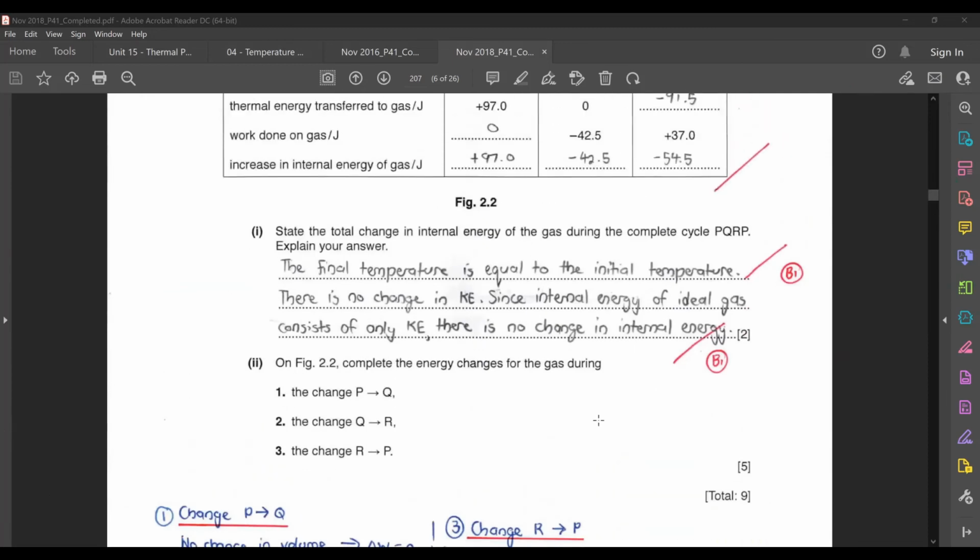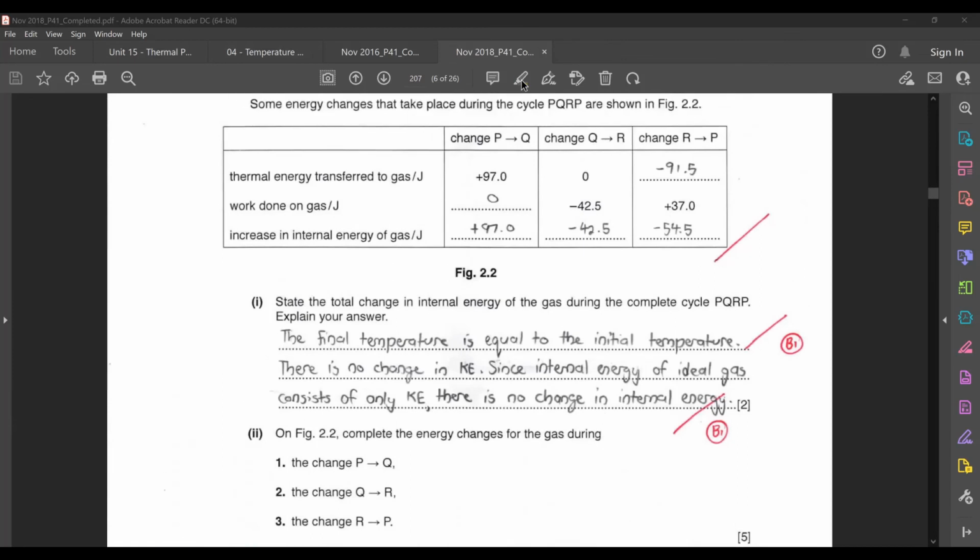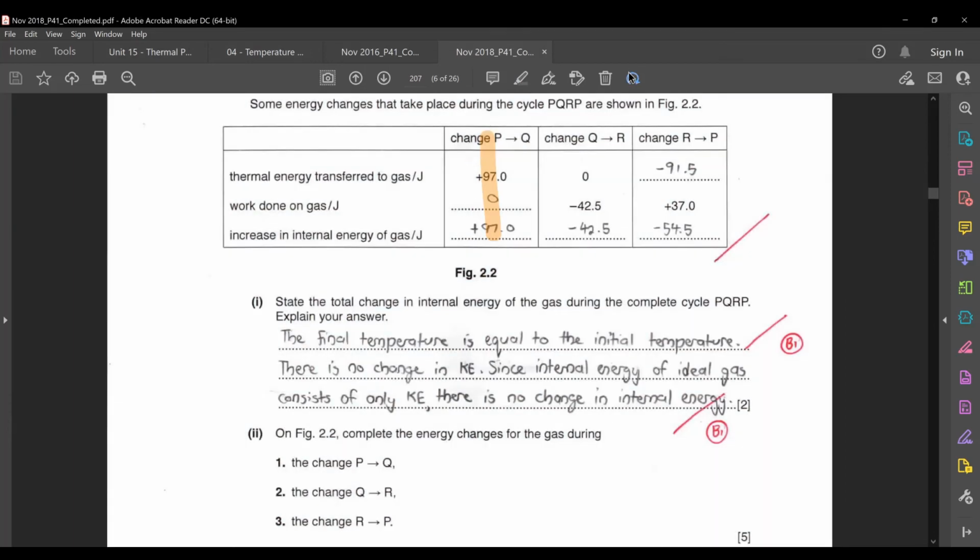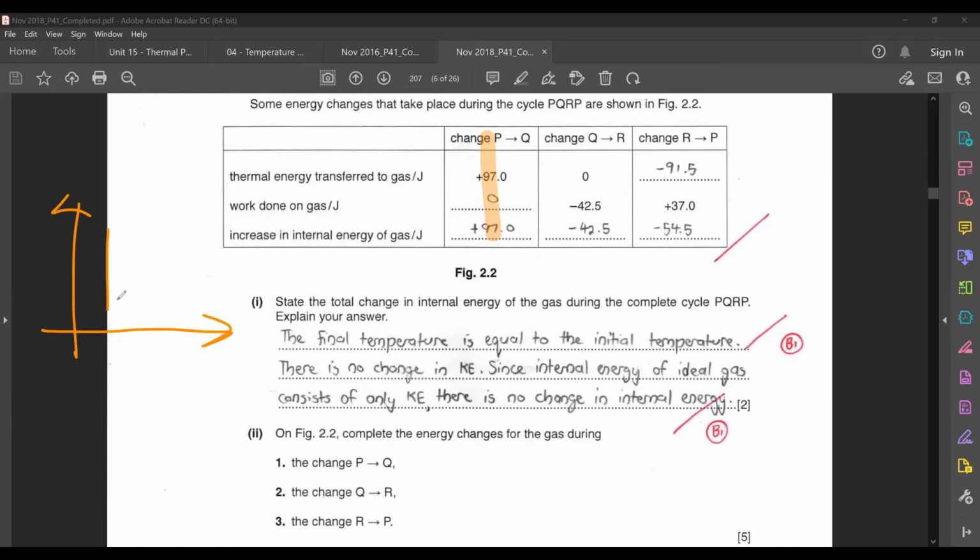Now let's just look at it column by column. For changes from P to Q, which was like this, P, Q, and R, your thermal energy transfer to gas was 97 joules, okay?